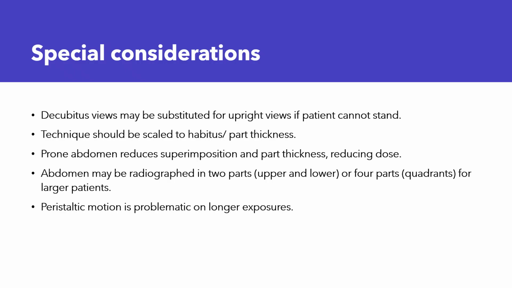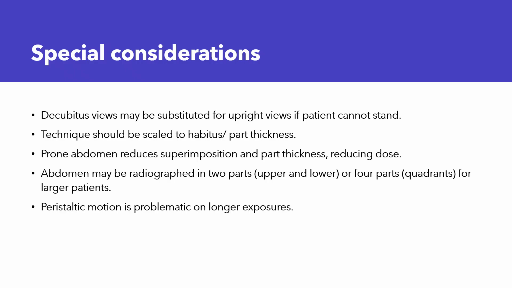A prone abdomen reduces superimposition. We didn't talk about this, but Mr. Shepard wanted me to mention it, so I am. And part thickness: we are actually compressing the abdominal tissue when we make them lay prone, and so we can actually reduce dose if we do prone KUBs rather than supine KUBs.